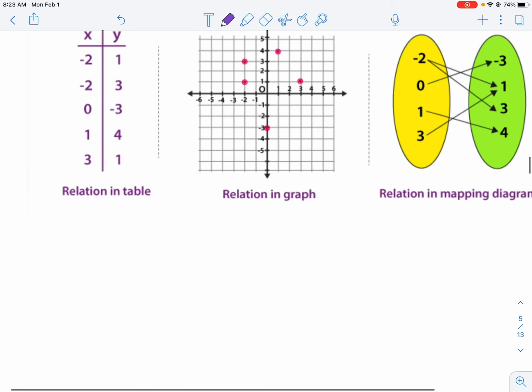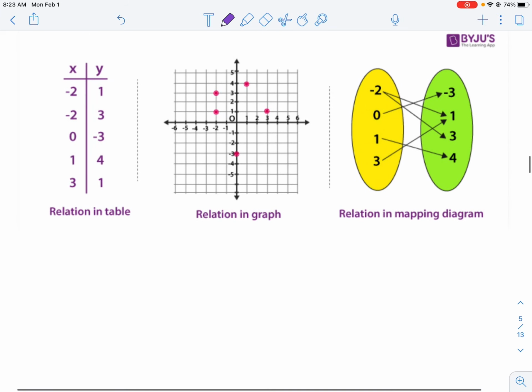So lastly, let's take a peek here. We can represent any of these things as tables, graphs, mappings, or a list of points. Sometimes it's easiest if you take your values and put them in a set of points.